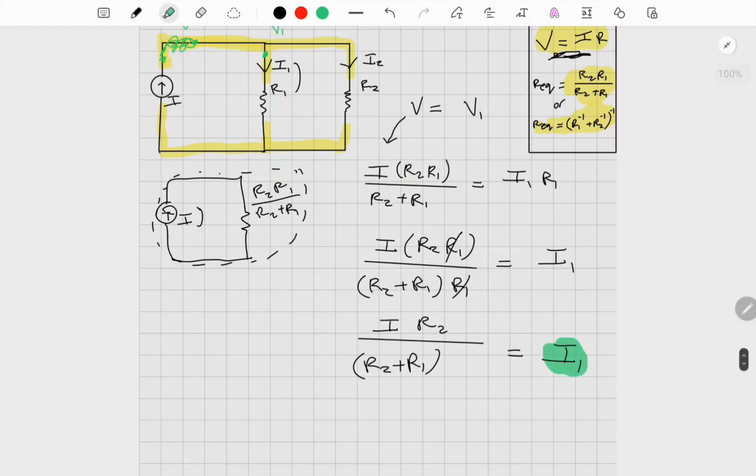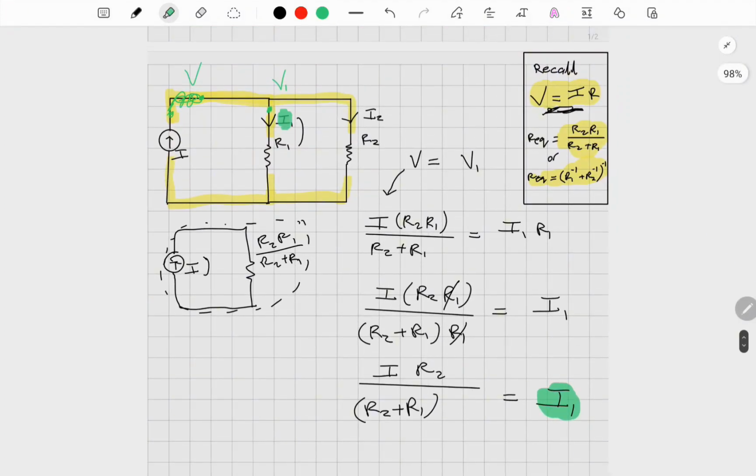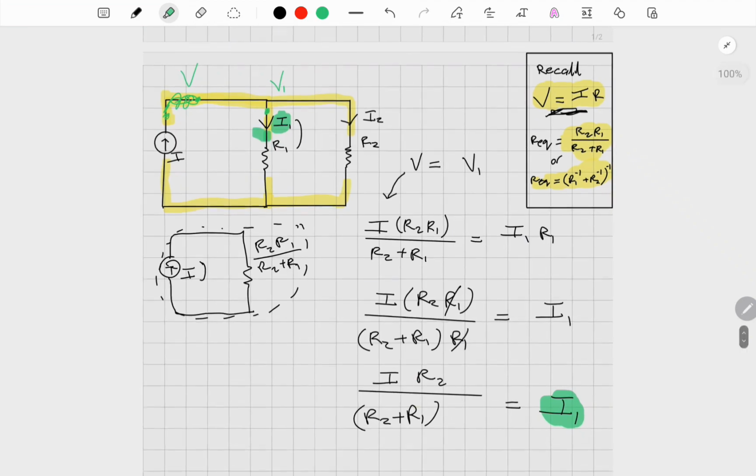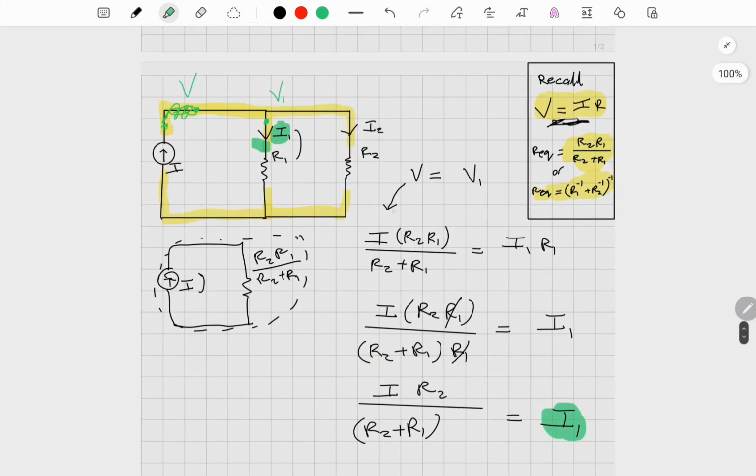So if you want to find the current at I1 at this part, the current going through this resistor, then you use this equation. If you want to find it for I2, then you do the exact same thing, and instead of writing I1 times R1, you'd write I2 times R2. So essentially, let's say I want to find the current at I2.